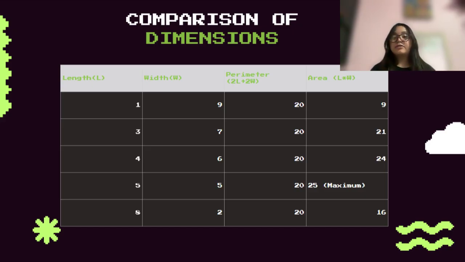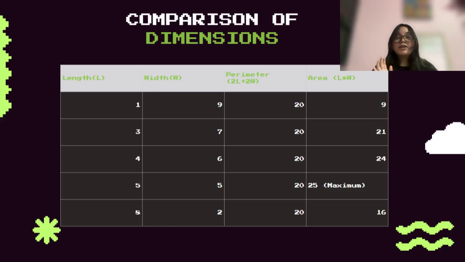A rectangle measuring 3 by 7 has an area of 21 square units. A rectangle measuring 4 by 6 has an area of 24 square units. But when both dimensions are 5 units, the area becomes A equals 5 times 5 equals 25. This is the largest area in the table.